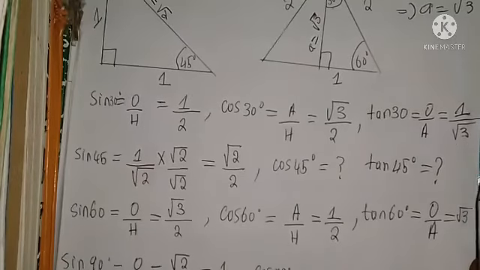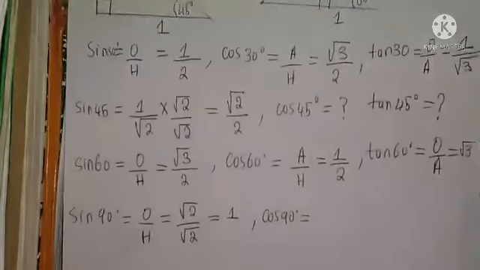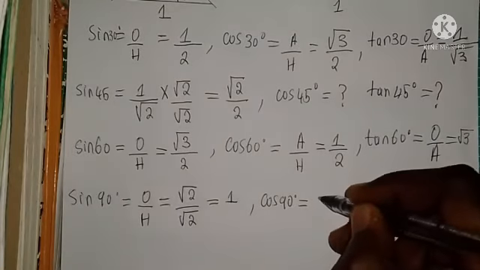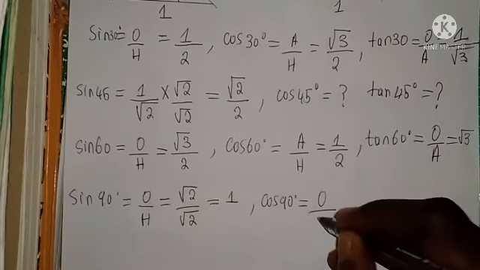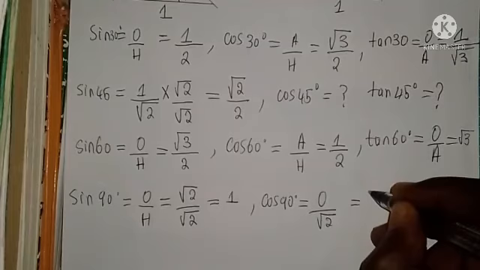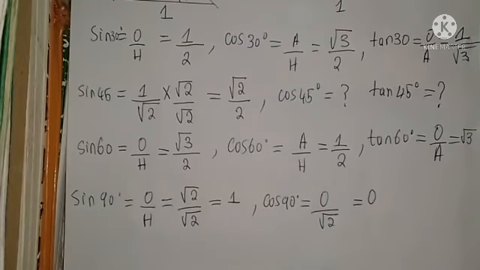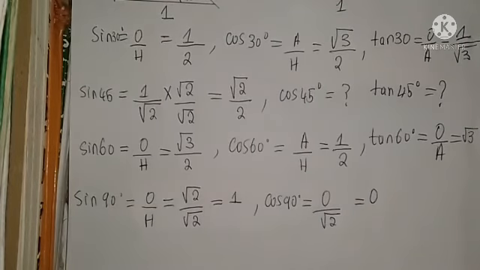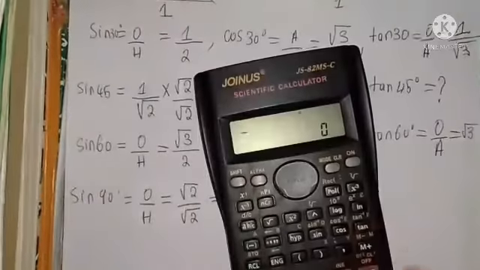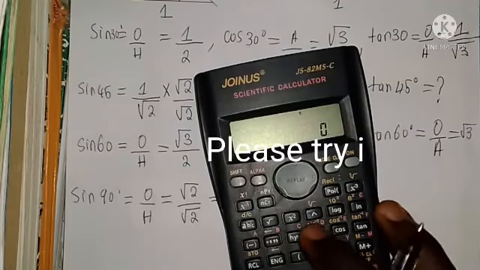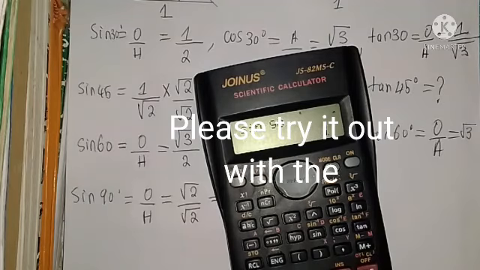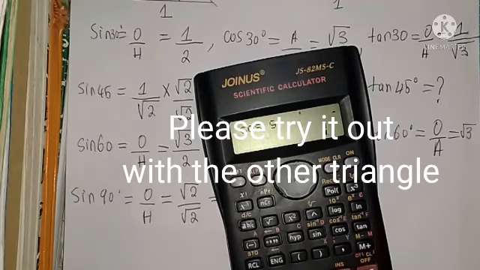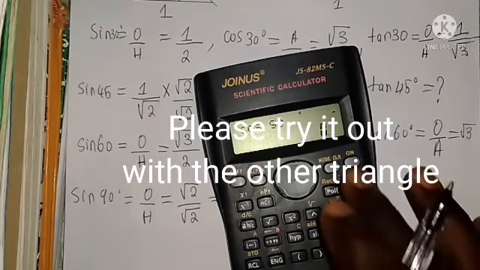Its adjacent side is 0. It has no length. So here we're going to have 0 divided by root 2, and it gives us 0. And if you're doubting my solutions, you can check by punching your calculators. You will clearly see that sine 90 is equal to 1, cos 90 is equal to 0.